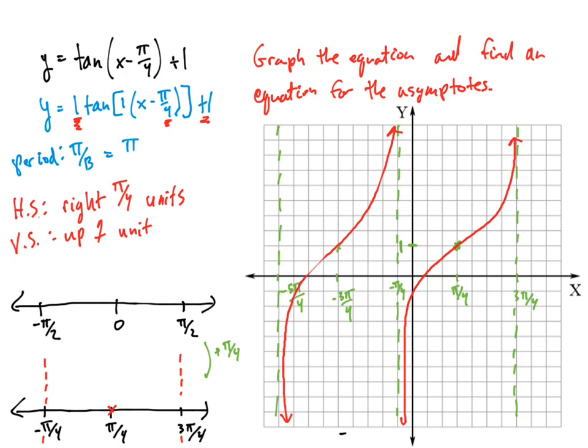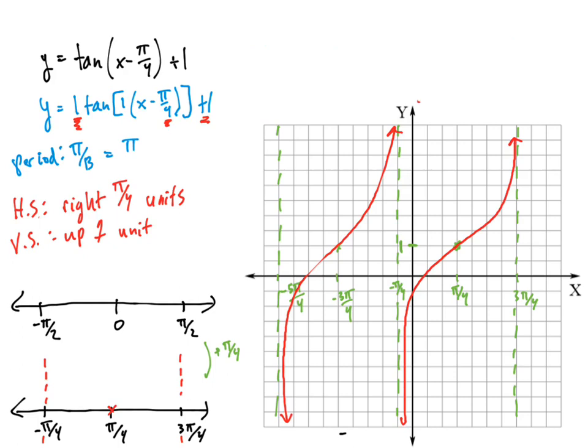So let's come up with an equation of the asymptotes. Again, we pick any asymptote. I could pick negative pi over 4, I could pick 3 pi over 4. Oftentimes we'll pick the first positive asymptote. It's not a requirement. 3 pi over 4 plus k times the distance in between these asymptotes.